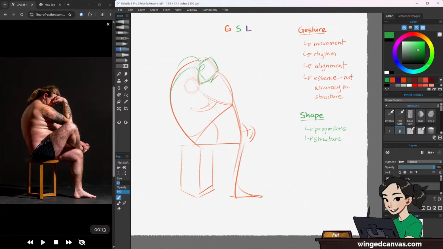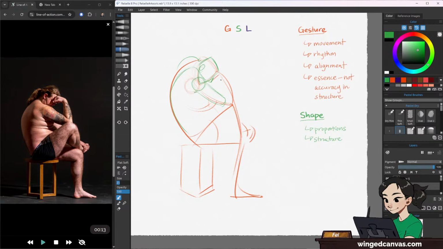Then I'm looking at the curve of the back, and you don't really have to know exactly what the rib cage is doing in here, because he's got more meat on him, right? So it's really hard to see exactly where things are, but you can see where the shoulders are, right? The shoulder is kind of here where the deltoid is, and you can see that my original placement for the shoulder is a little bit off. And then I can start to draw in the cylinders of the arm, right?